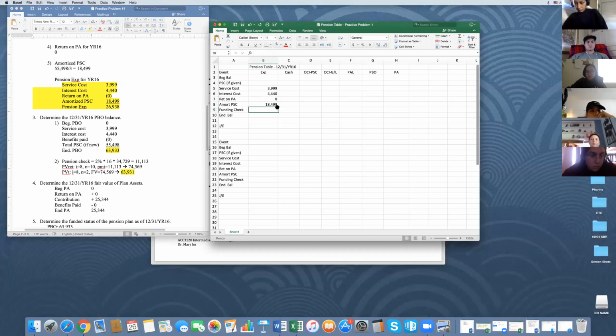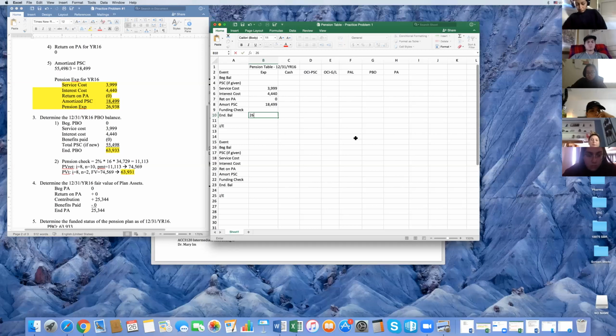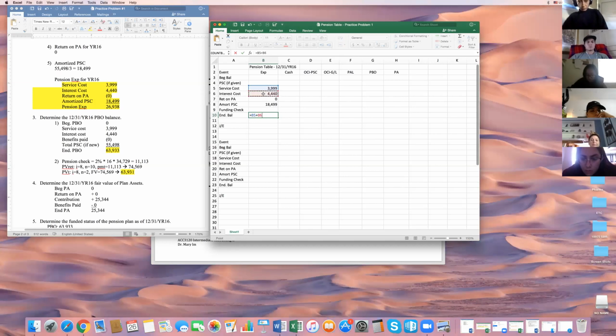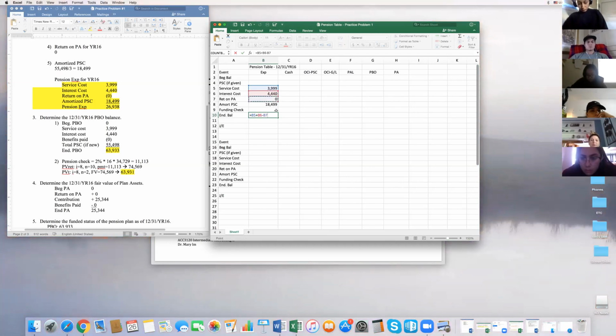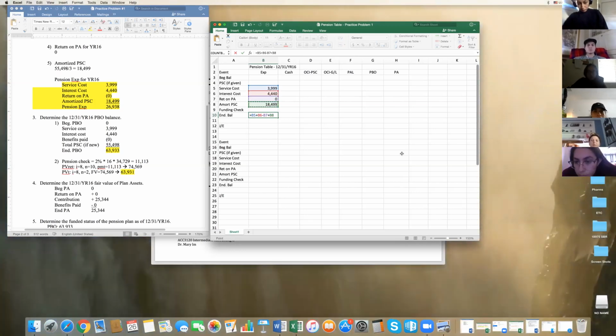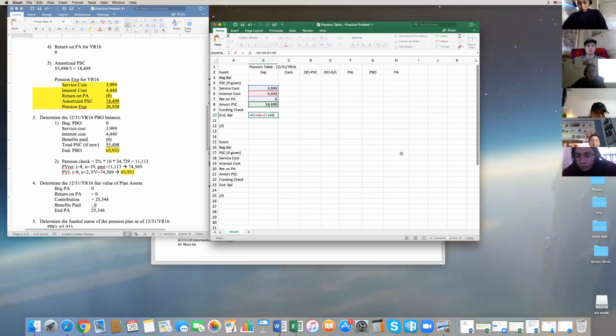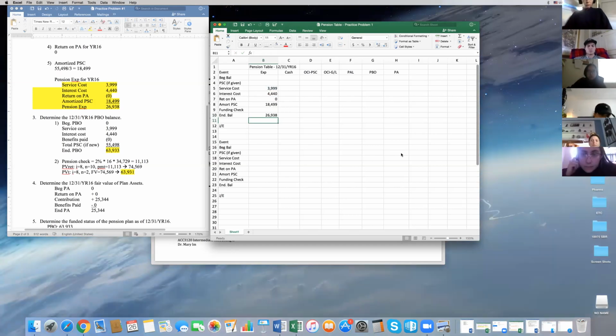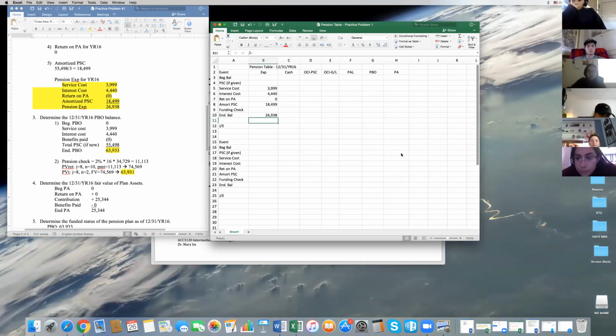So ending pension expense is, let's do this: service cost plus interest cost minus return on plan asset plus amortized prior service cost, assuming that return on plan asset is positive, all right? So the balance for pension expense is $26,938.